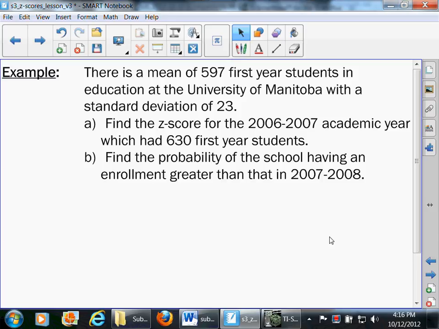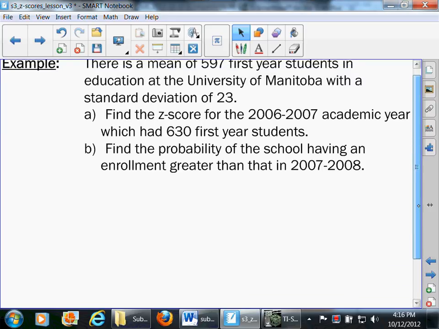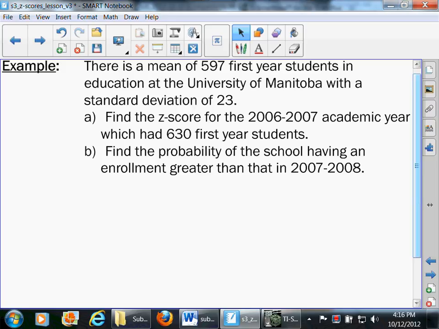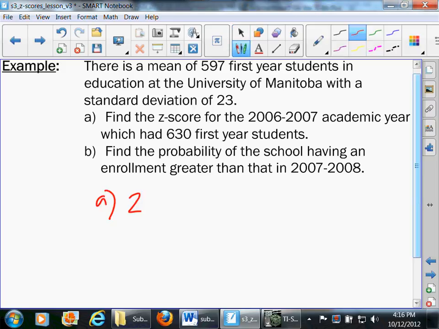Another example. There's a mean of 597 first-year students in education at the University of Manitoba with a standard deviation of 23. Find the z-score for the 2006-2007 academic year, which had 630 first-year students. Okay? So, to do this, we're going to use the formula again. Z equals x minus mu over sigma.